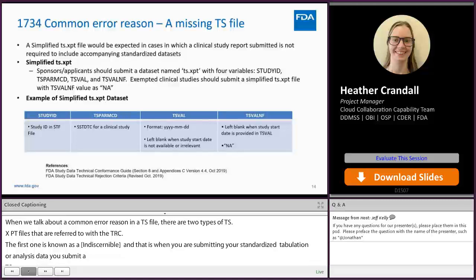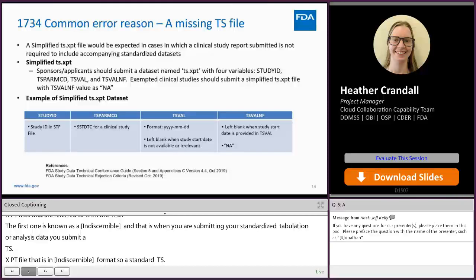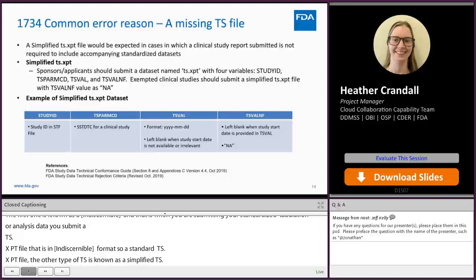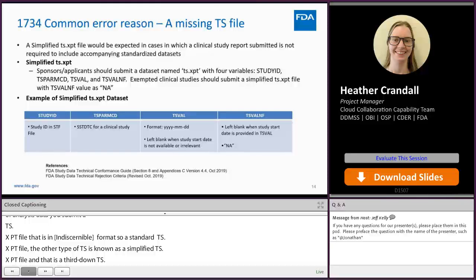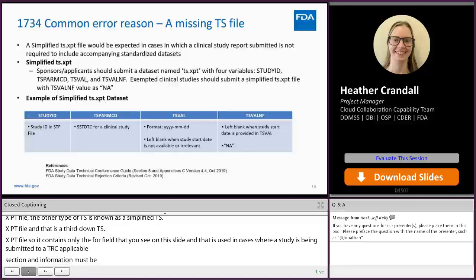The other type of TS is known as a simplified ts.xpt file, and that is a pared down ts.xpt file, so it contains only the 4 fields that you see on this slide, and that is used in cases where a study is being submitted to a TRC applicable section and information must be submitted with the study, where the study does not require to be in a standardized format.